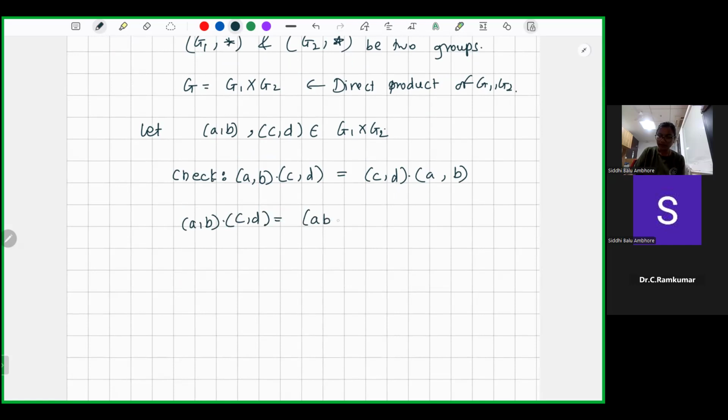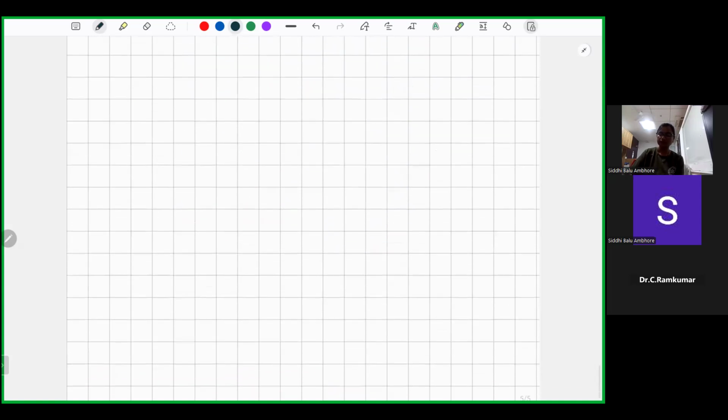This is (a, b) comma (c, d), where a is in G1 and c is in, I think I made a mistake here. This is (ac, bd). Okay.